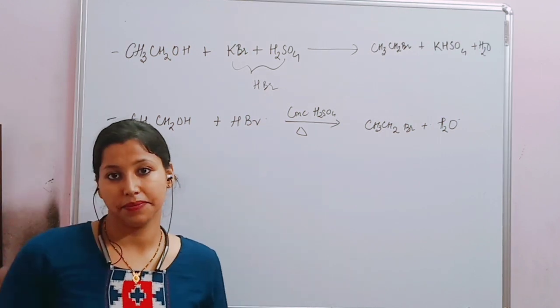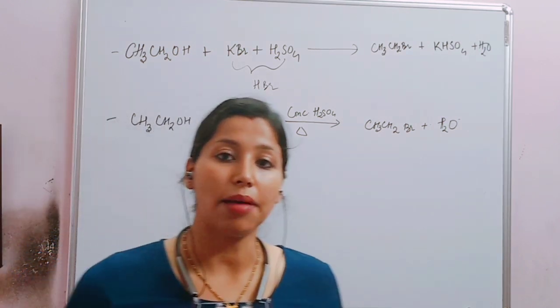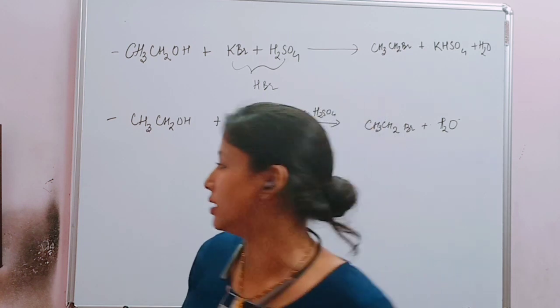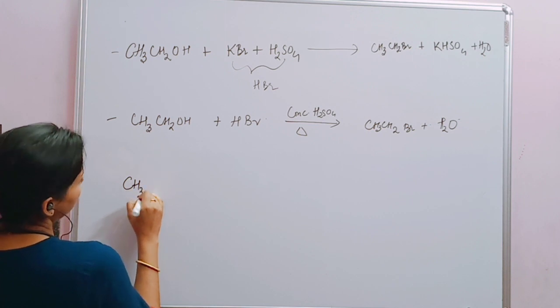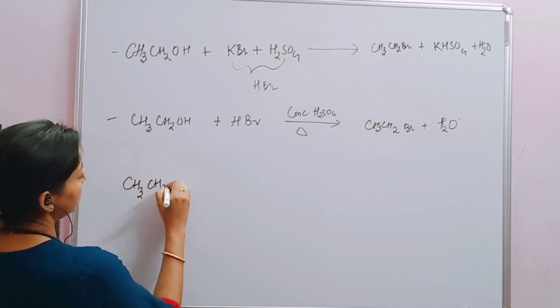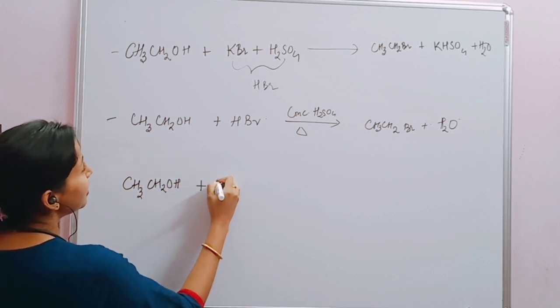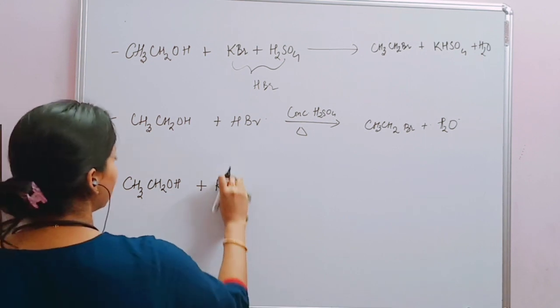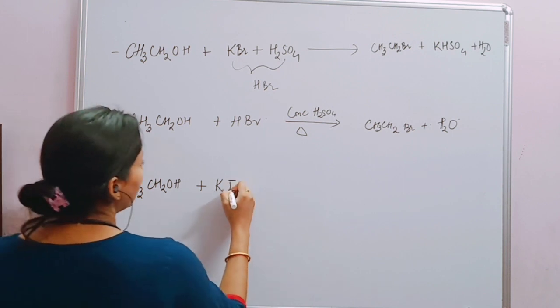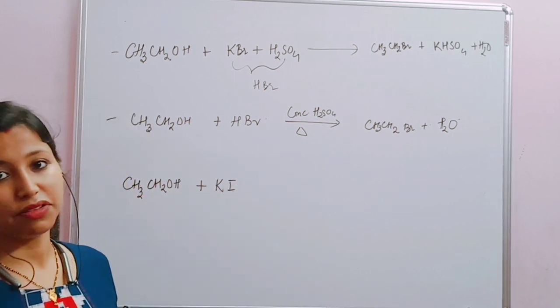So this was about bromoalkanes. Let's see what happens if we want to prepare iodoalkanes. For iodoalkanes, let us take the same example, ethanol CH3CH2OH plus KI, since it is iodo. We cannot use sulfuric acid.